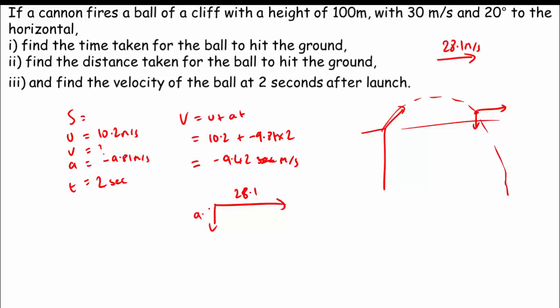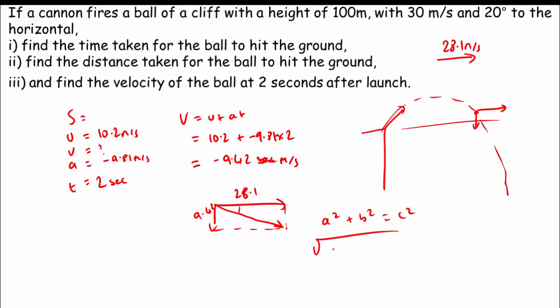So if I just sketch those, we've got 28.1, we've got 9.42. What I need to do is add these together and find the magnitude of this velocity. It says find the velocity, so I should really find the angle as well. But I'm just going to do the magnitude and leave it at that. Okay, and be a bit lazy. Right, so I can use Pythagoras, a squared plus b squared equals c squared.